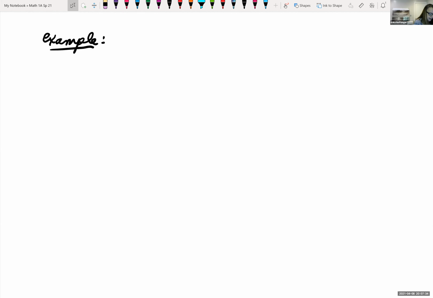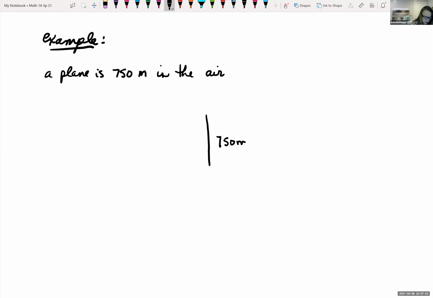Okay, so we're given that a plane is 750 meters in the air. Okay, so off the ground, this is 750 meters. I really can't draw, but okay, so here's our plane. And it's flying parallel to the ground.